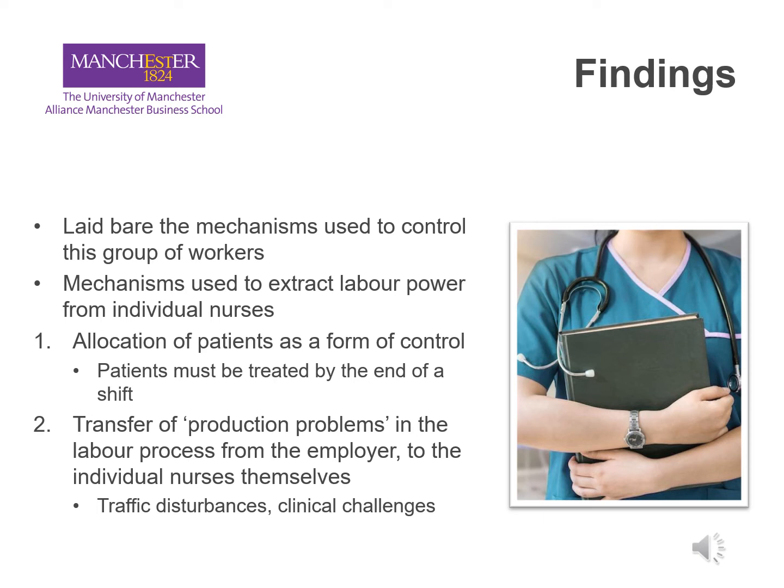There were a number of ways that this happened and a number of forms of control, but the two that I'm going to focus on here were the allocation of patients, and also the transfer of production problems in the labour process from the employer, which was the NHS Trust, to the individual nurses themselves.